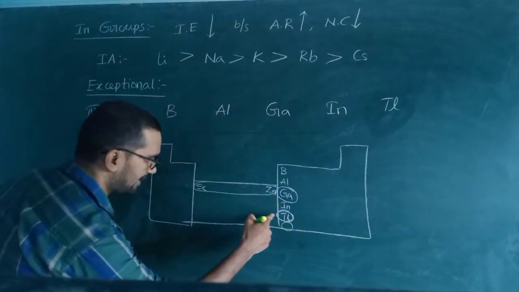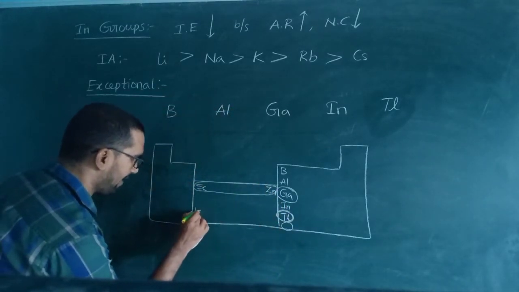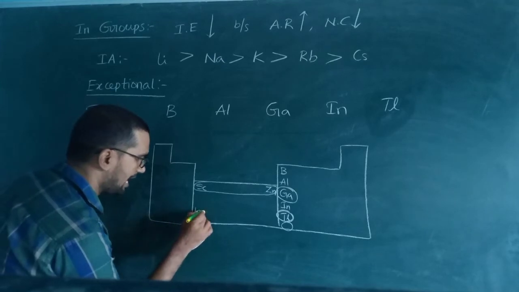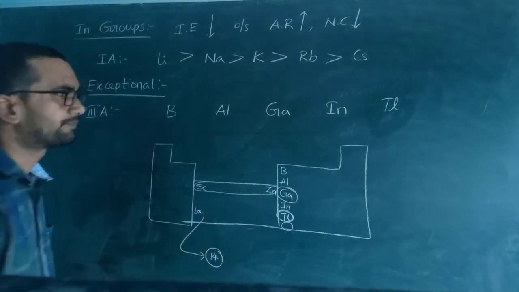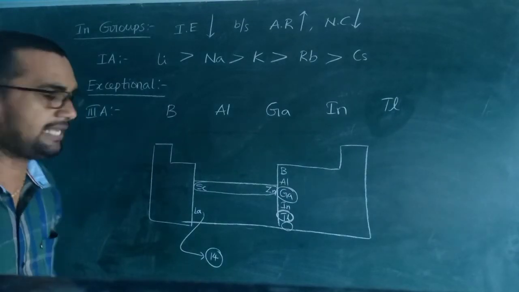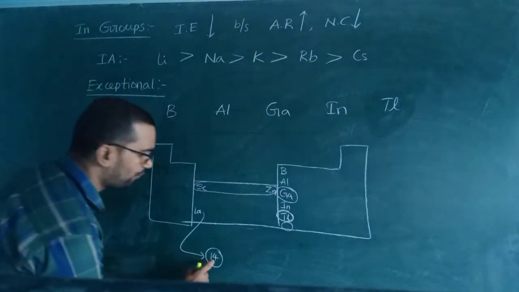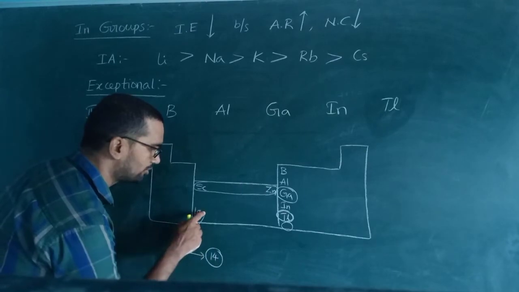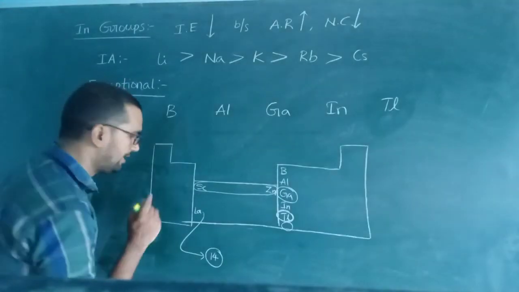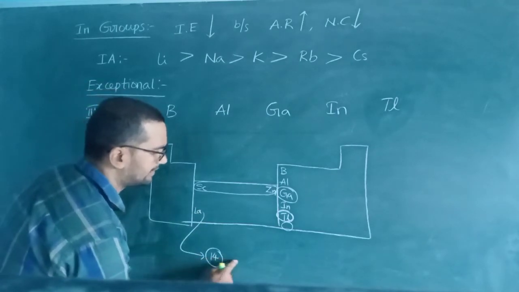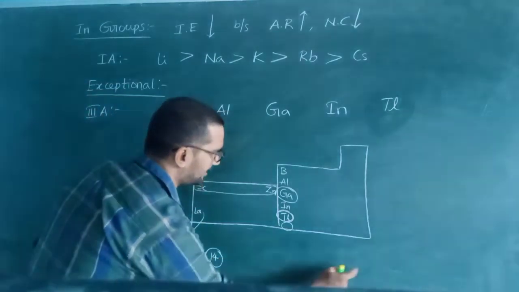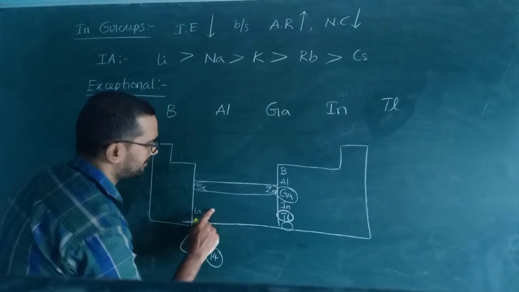First time this thallium in the lanthanide period. Here lanthanum is present. After lanthanum, 14 elements are present. These 14 elements belong to this period. Right? So here size decreases. Next 14 decrease. Next this one decrease.